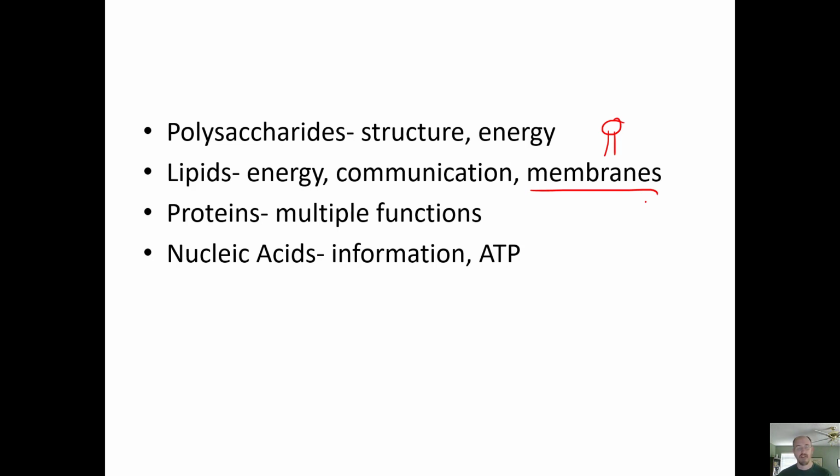Proteins have so many functions, we're not going to list them here, but communication, enzymes, structure, etc. And lastly, nucleic acids are information storage molecules that allow us to pass genes on from one generation to the next, and they code for proteins. They also are involved in energy in the form of adenosine triphosphate, or ATP, the molecule that powers almost all of the processes that keep you alive.